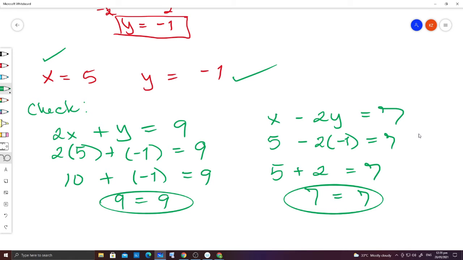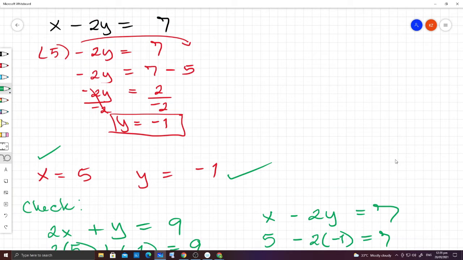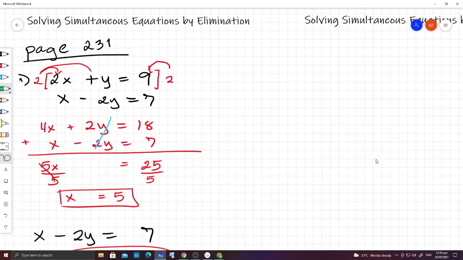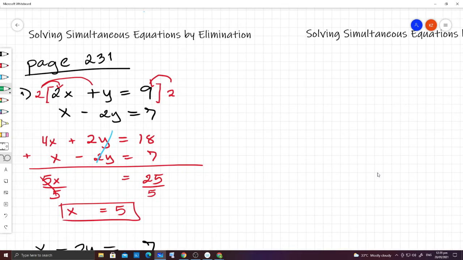Okay, so let us now go to our main topic for today, the substitution method. But for the first example, we are going to use the same equations so that we can see that the answer is the same.